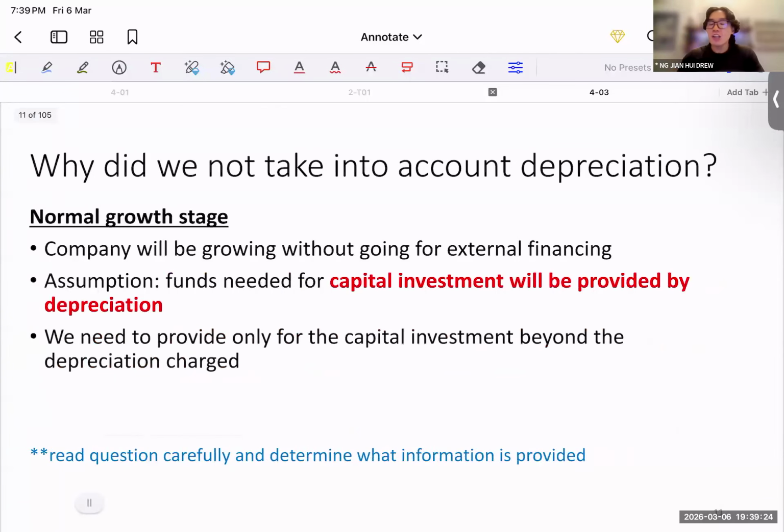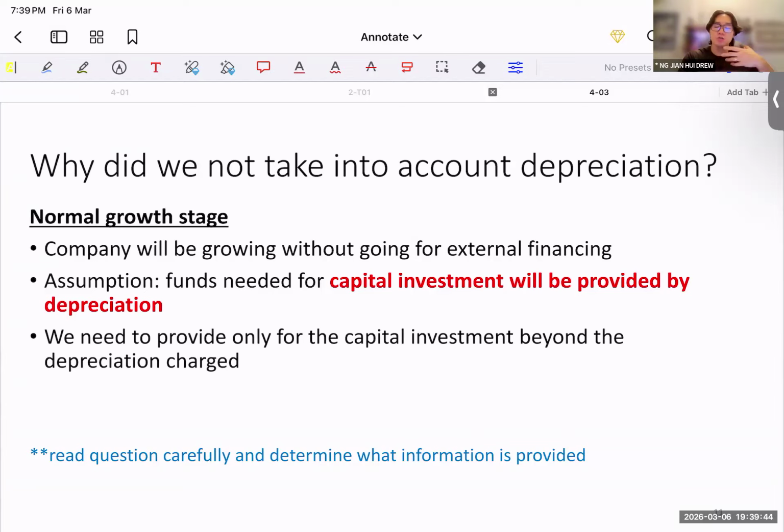Now, in normal growth, how do we think about this offsetting of depreciation? In normal growth, the company is growing, but it does not need any external financing, because it's just growing normally. It's not a supernormal growth where it needs to borrow money to grow even more.